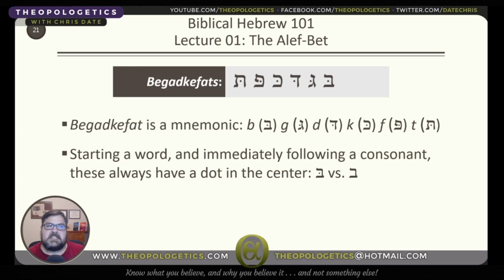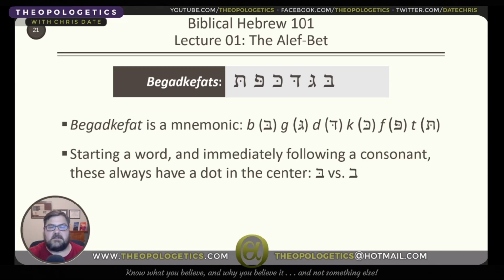When each of these characters starts a word, or immediately follows a consonant sound, these characters will take a dot called a dagesh, which we'll talk about in a moment, whereas when they are not at the beginning of a word, or when they don't immediately follow a consonant sound, they are rendered without that dot.